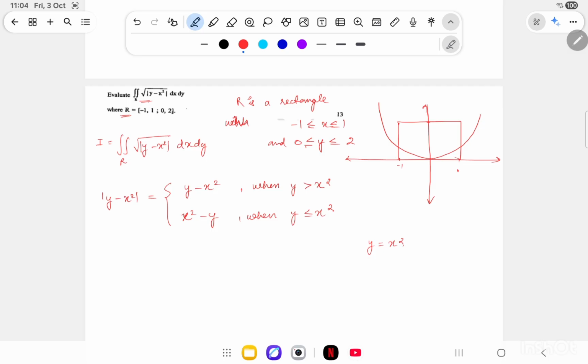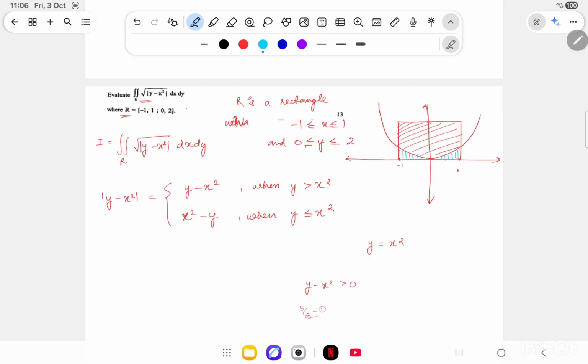Y is greater than x square in this region, and y is less than x square in this region that I shaded with blue.